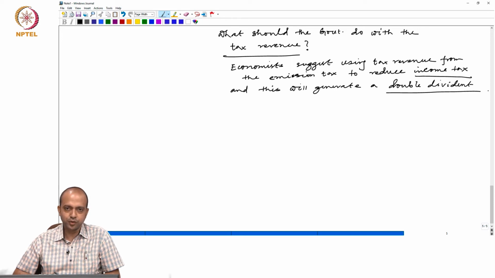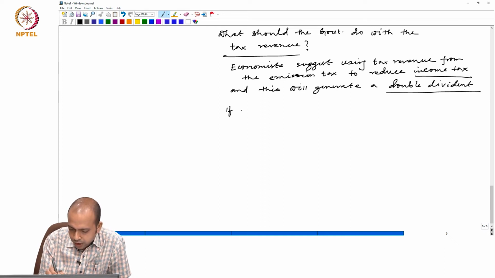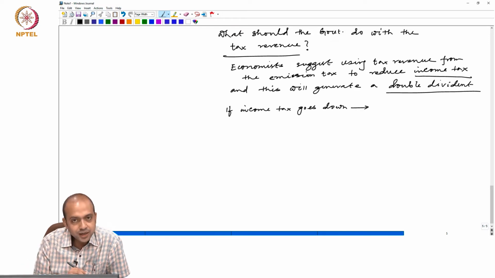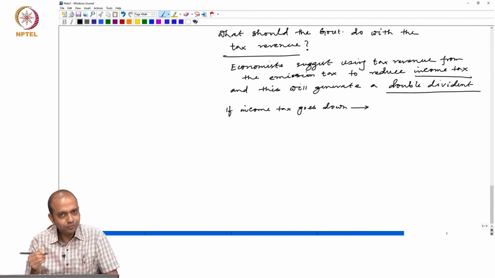The mechanism is this: if income tax goes down, that gives the laborer an incentive to work more.